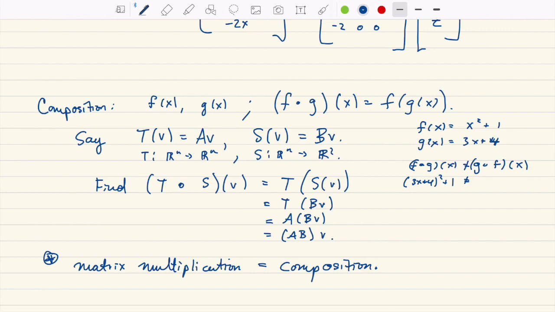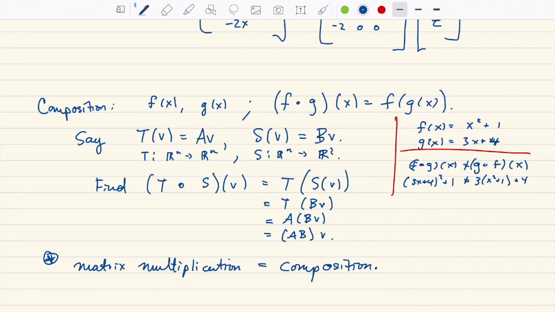And g of f is going to be 3 times (x squared plus 1) plus 4. And so those are clearly not the same thing. It's pretty easy to see that. On the left there's a linear term, on the right there's not, for example.